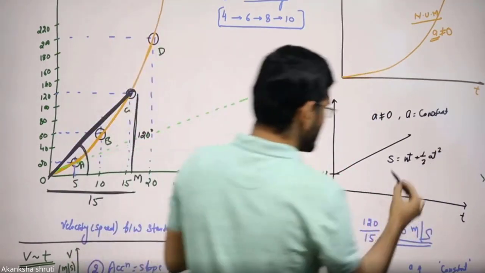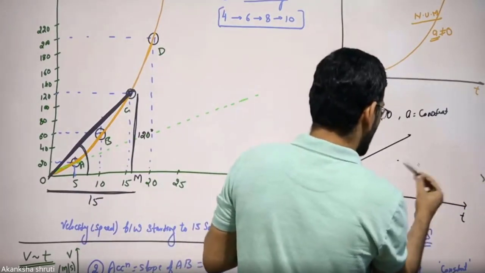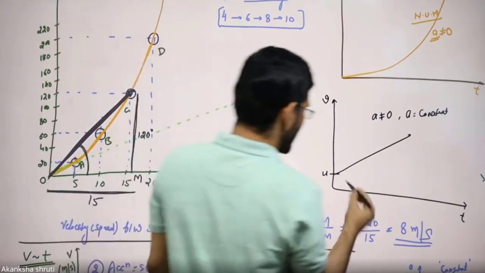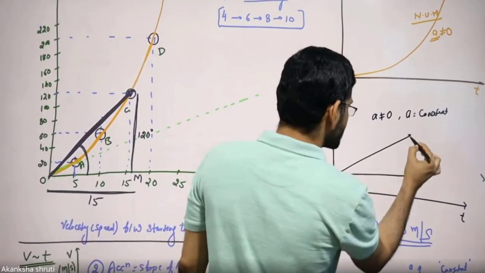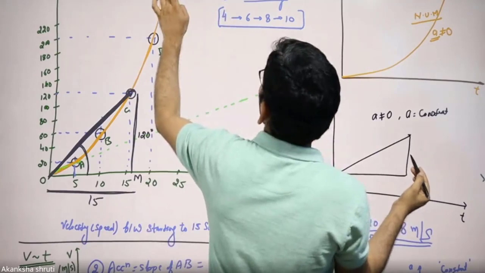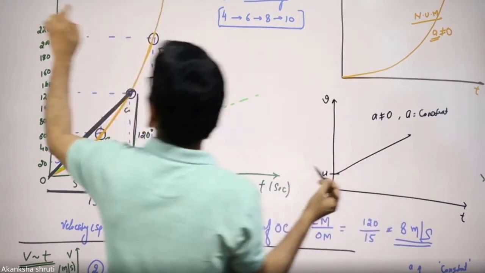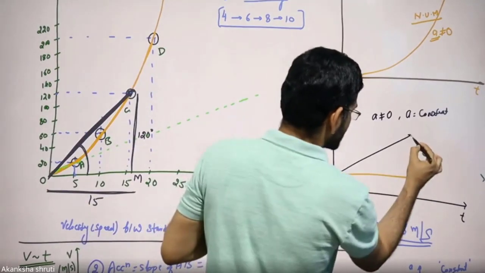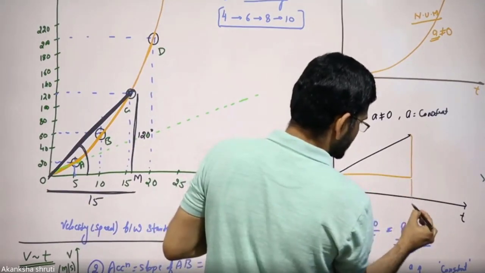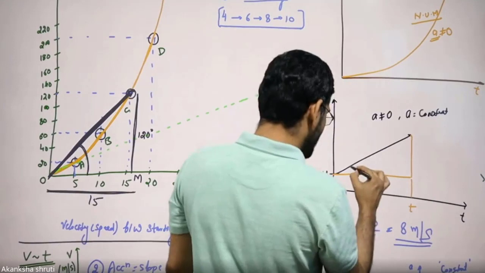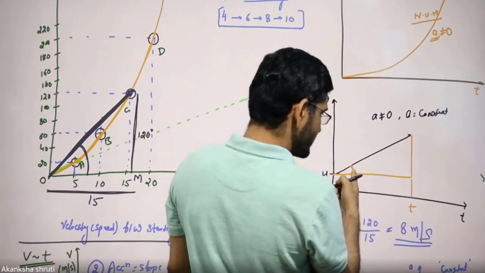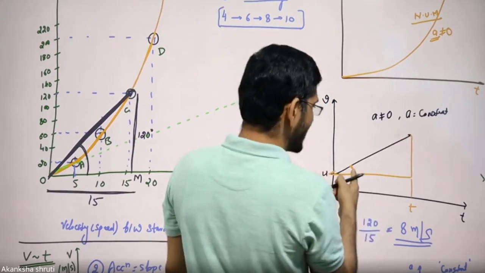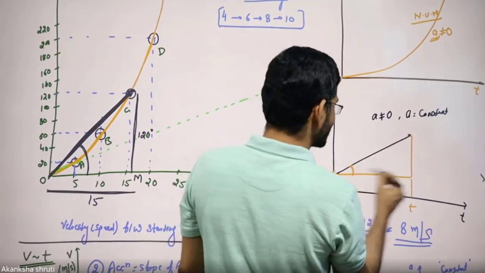Here we have to keep in mind, students, since it is a velocity time graph, if I consider a certain point on this velocity time graph, let us consider this one, up to this time, then this angle gives the slope, and that slope defines the acceleration.